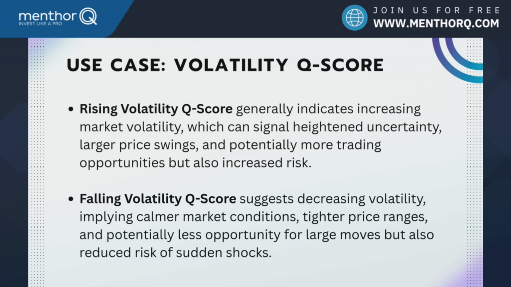So the volatility score is really a market risk sentiment tool that can help you not only take trades, but also understand how to manage your trade by looking at volatility. And of course, the most important part is always risk management.